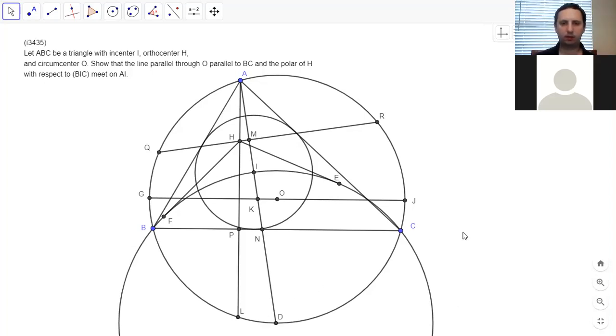I'm not that good at inversion, but I know a lot of these problems with the circumcircle BIC can be solved that way. So basically, we want to show that K and M would switch under that inversion, right?